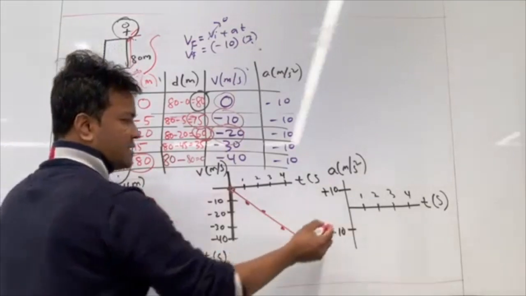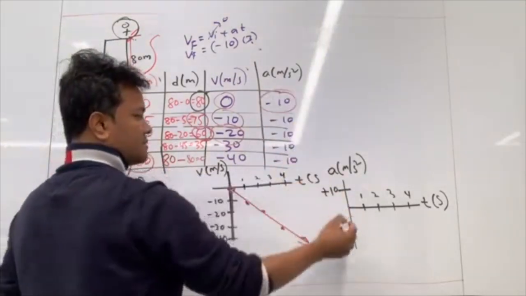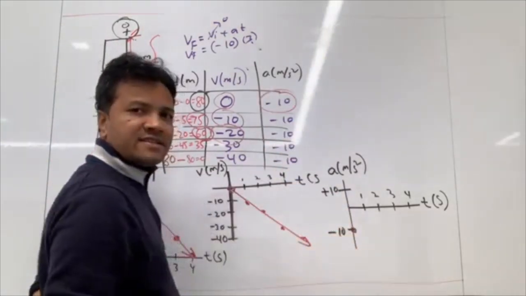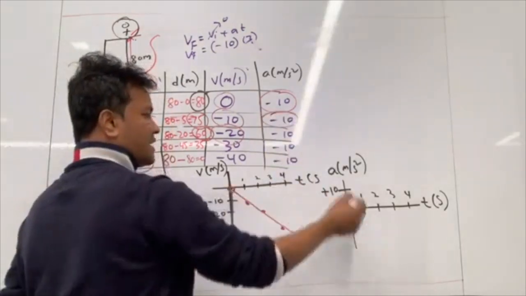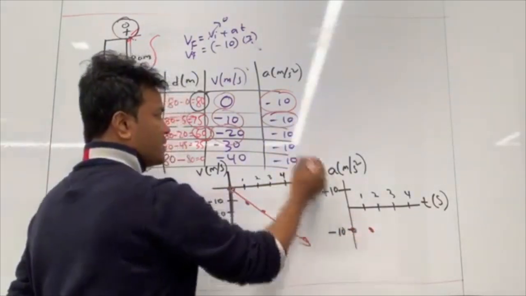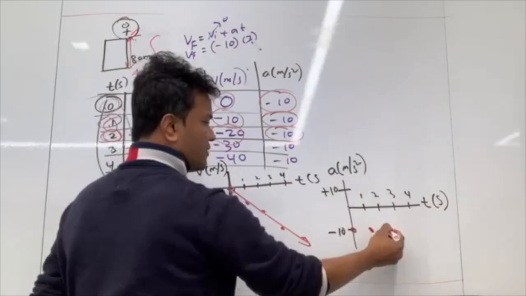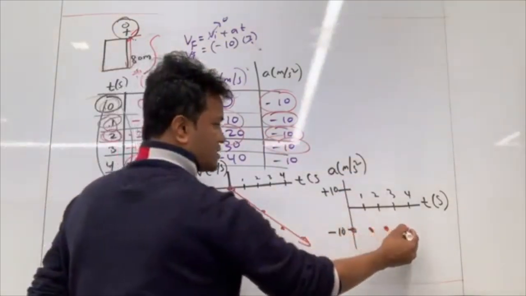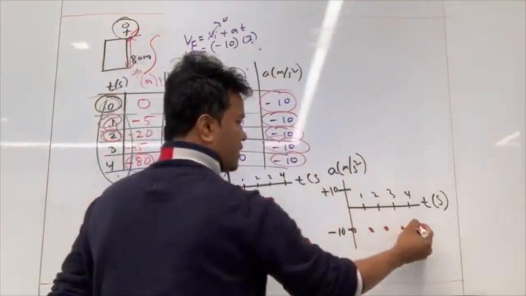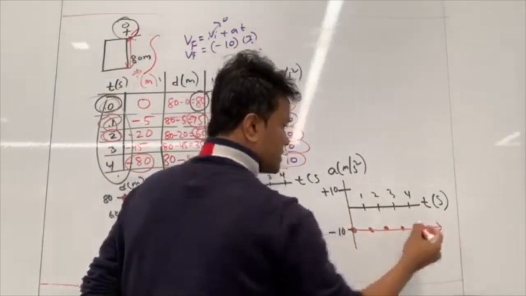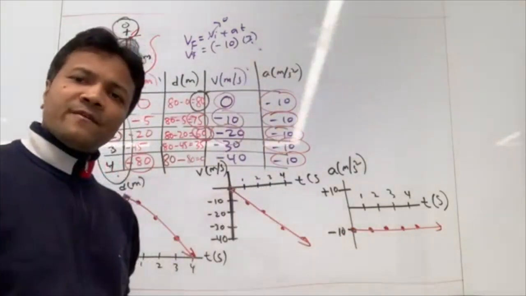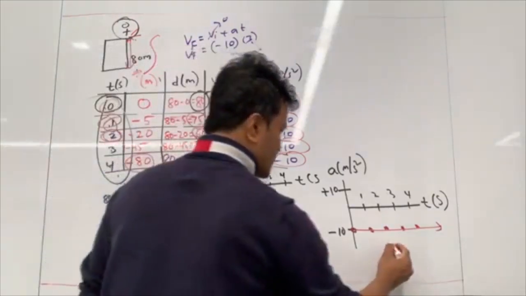At 0 second, acceleration due to gravity is -10. At 1 second, acceleration due to gravity is -10. At 2 second, acceleration due to gravity is -10. So we can conclude that acceleration due to gravity is constant.